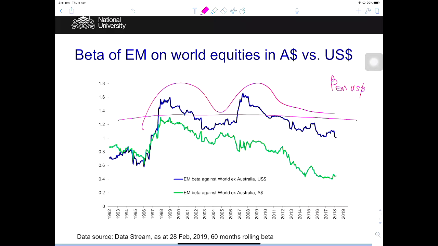If I believe the world equity market is the real market, the optimal market portfolio, and my investment portfolio as a US investor is settled in US dollar, I'm going to observe a 1.2 beta. A beta of 1.2 indicates higher risk than the market.